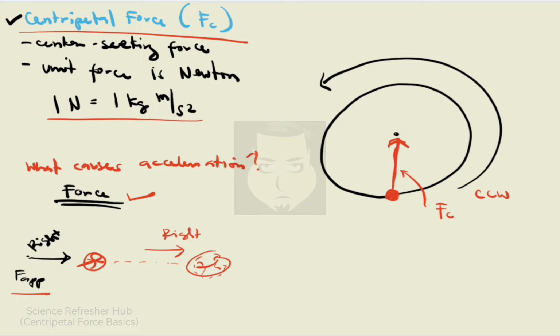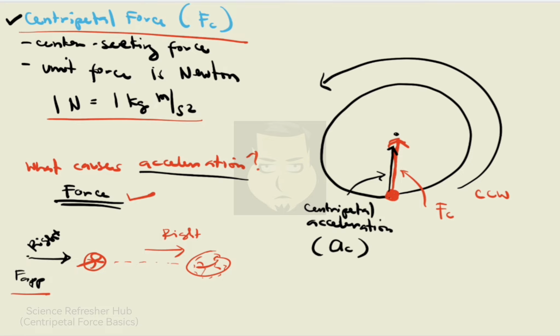Therefore, our acceleration will also go along with the direction of the force. The name of the acceleration involved in a centripetal force concept is the centripetal acceleration, or we can use the symbol A sub C. It goes along with the centripetal force. Okay, please remember that one, because the object will accelerate following the direction of that force.